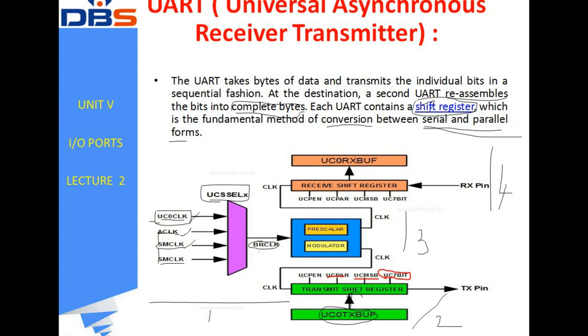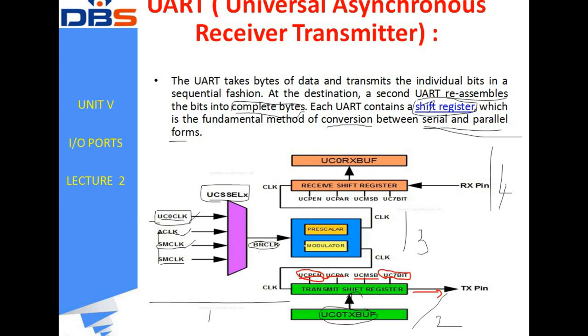And coming to the UCPEN, this is nothing but parity enable. That means enabling the parity bits. Depending upon this, the data will be transmitted to the transmitter pin or received.